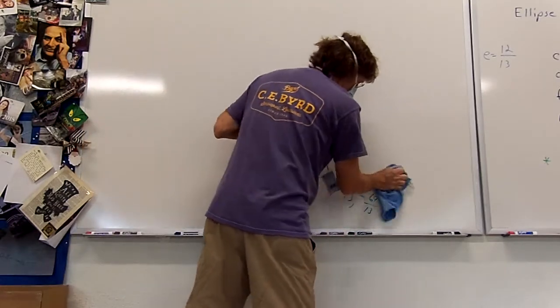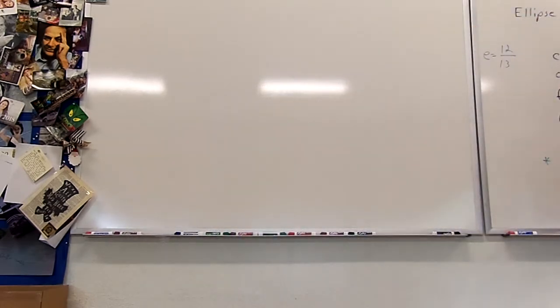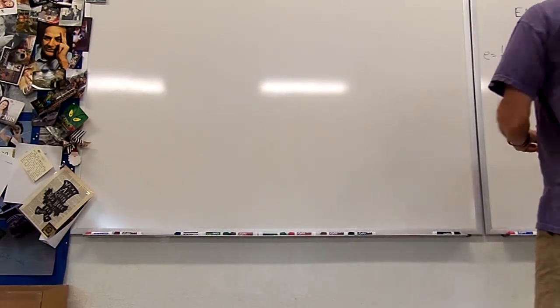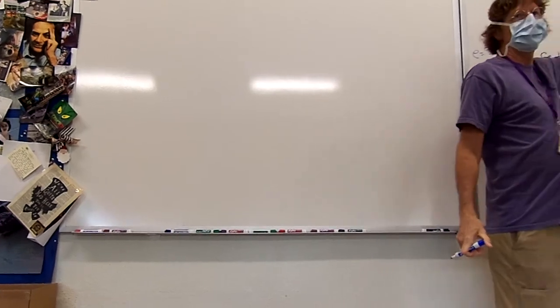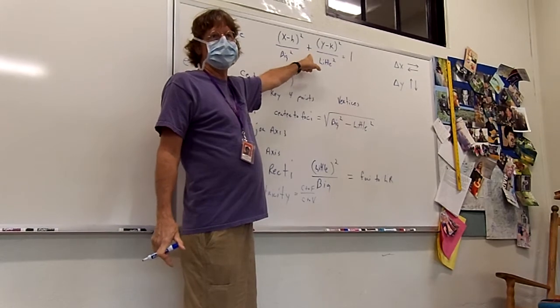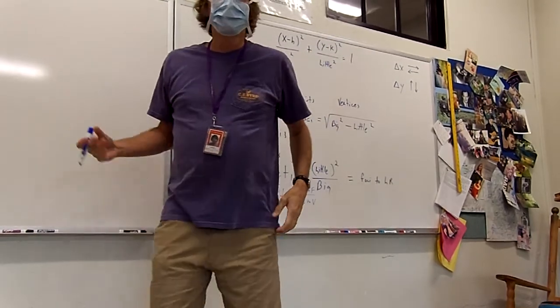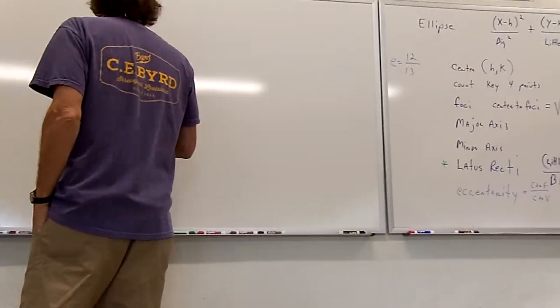Okay, here we go. Oh, and there has to be a plus sign between them. Later on, that'll matter because when we start doing other shapes, there'll be a minus sign there. But for ellipses right now, there will always be a plus sign. But just so you'll know later down the road.